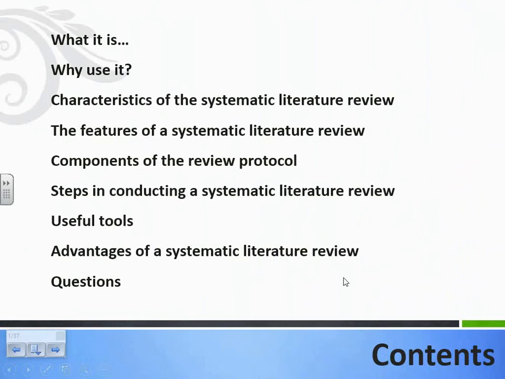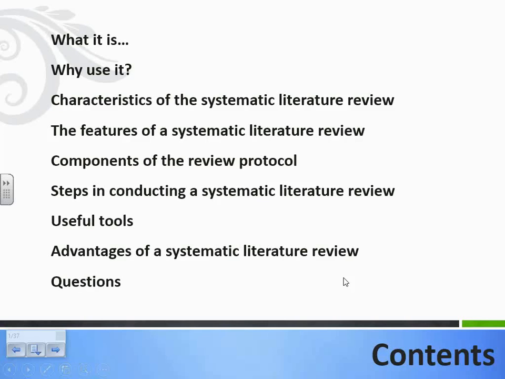This morning we're going to look at the following topics: what the systematic literature review is, why we want to use it. We're going to look at the characteristics of the systematic literature review. We're going to look at the features of it. Then we're going to carry on to the components of the review protocol, which is very important when you're doing a systematic literature review.